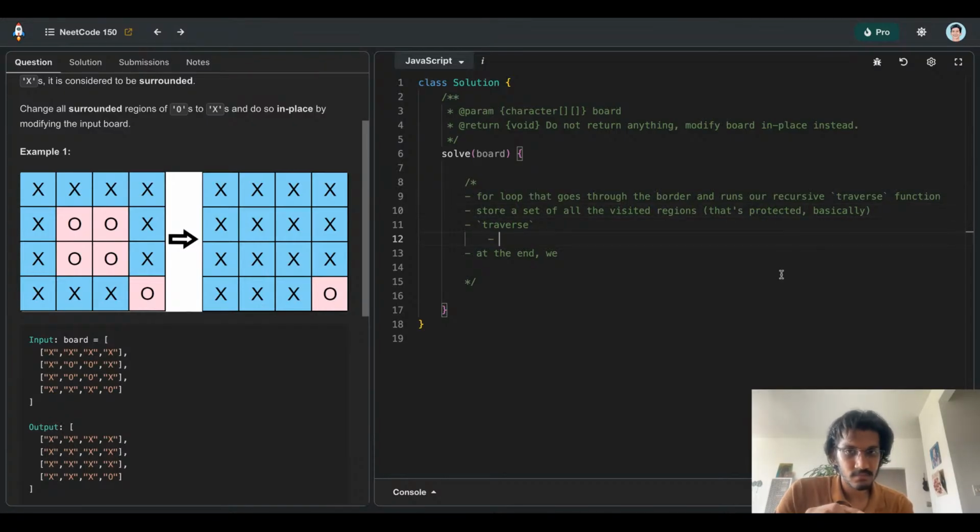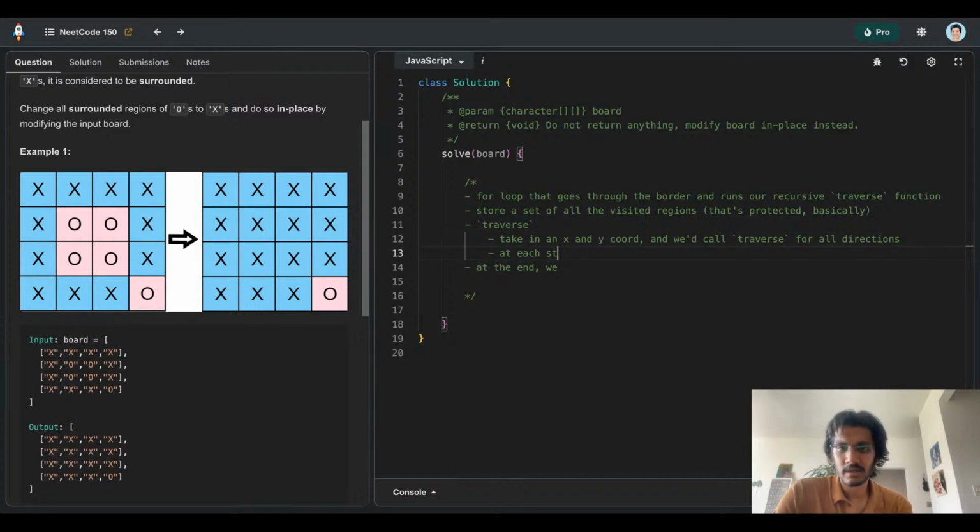In traverse, we would take in an x and y coord, and we'd move in all directions, calling traverse for all directions.